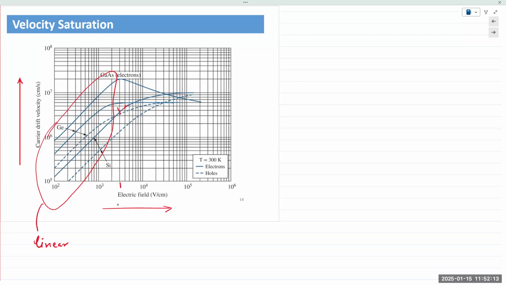If you have germanium, slightly different. If it's gallium arsenide, it's slightly different. If it's gallium nitride, it's slightly different. So every semiconductor material has its own value of when its response would saturate. And that is because of the parameter we call velocity saturation.